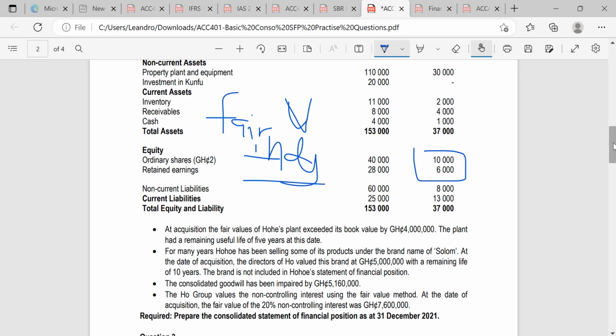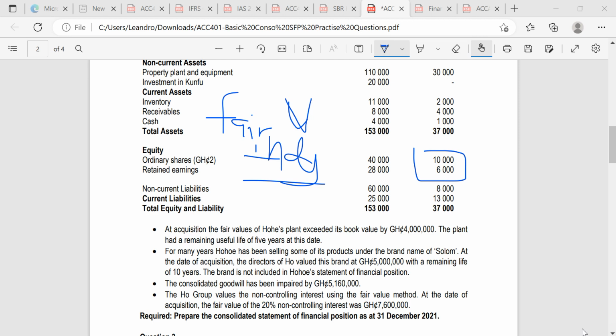Again, if you read IFRS 3, they are part of the provisions of the acquisition accounting regarding assets acquired and liabilities assumed. Certain intangible assets acquired, which the subsidiary may not have recorded because maybe it doesn't meet the IAS definition of intangible for recognition.